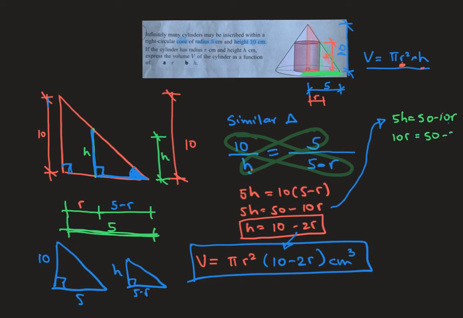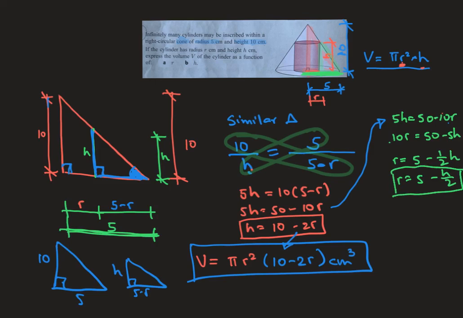Can you see how this negative becomes positive and this positive becomes negative? Again, that's assumed knowledge from many years ago. And then we want R by itself, divide by 10. So 50 divided by 10 is 5, and negative H divided by 10 is negative a half H. This is the same thing. Now we have that R.